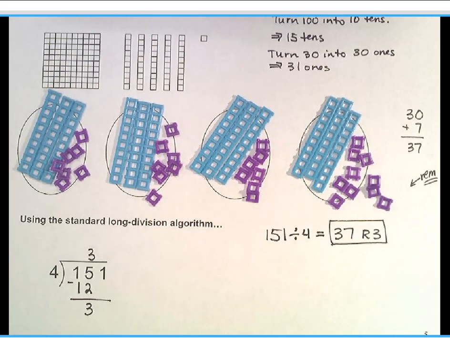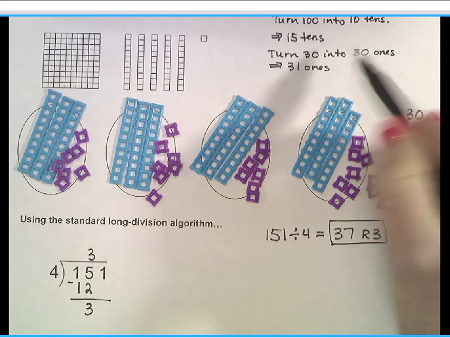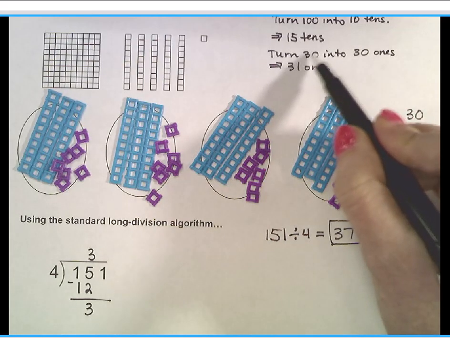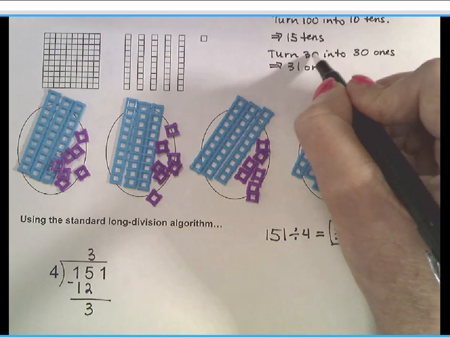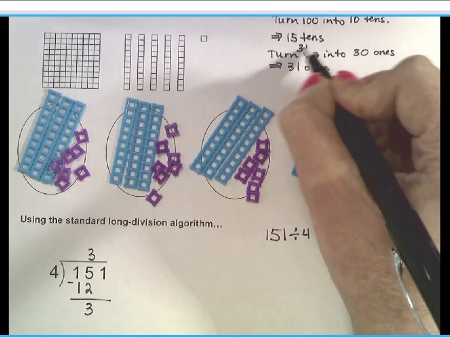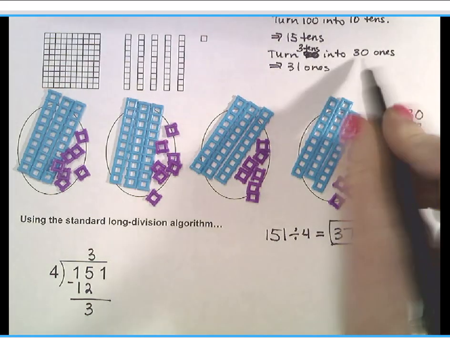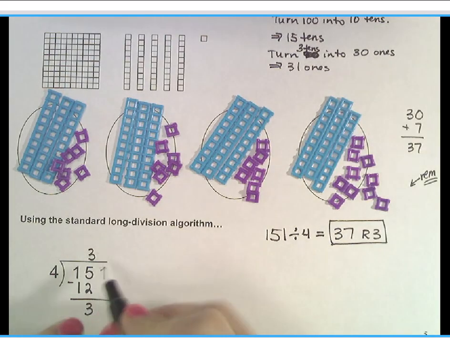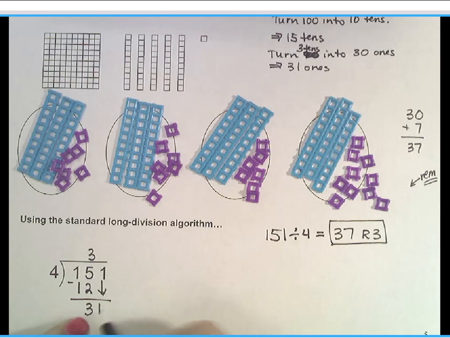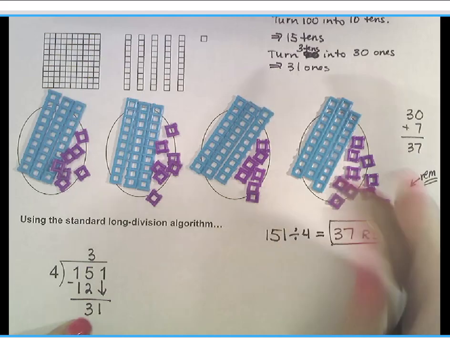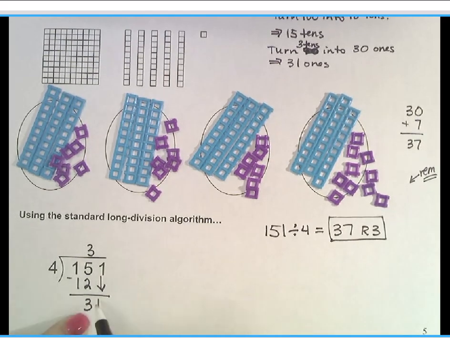And those 3 that we had left over, these were 3 tens. I should have probably said 3 tens here into ones. When I carry down this 1, this is showing the 31 ones that I ended up with. These are the 31. Now, how many times does 4 divide into 31?